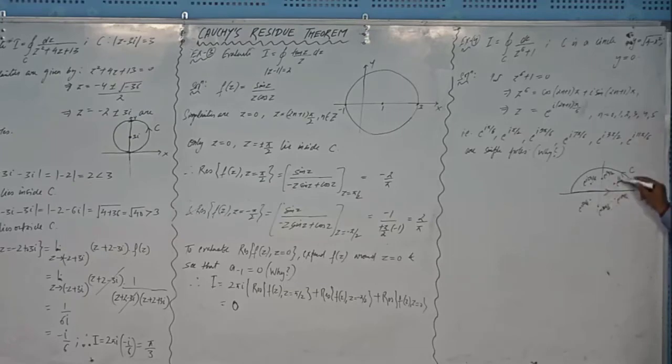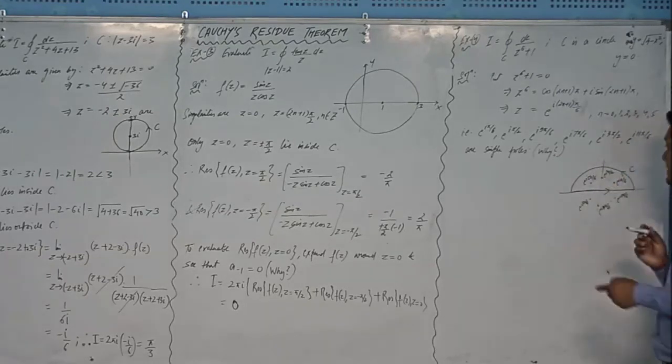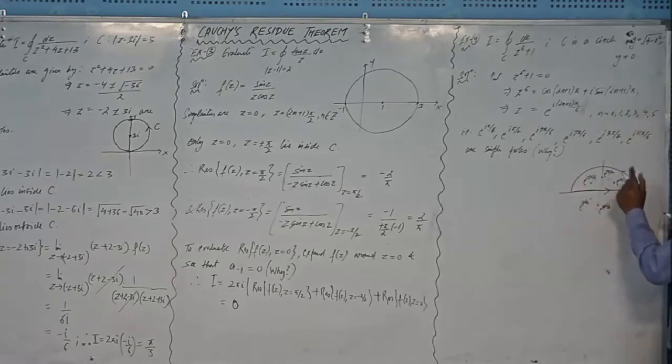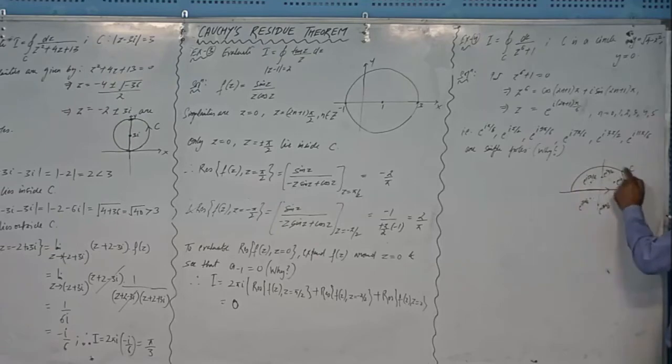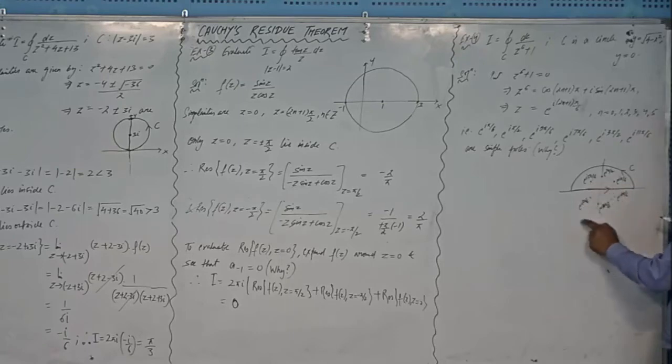And all of them are lying on the boundary of that unit circle. But you are interested in those poles which lie inside your contour C, and only 3 of them are qualifying, right? You have to ignore these 3. So I will find the residue at these 3 poles only, not for these, according to my residue theorem, right?